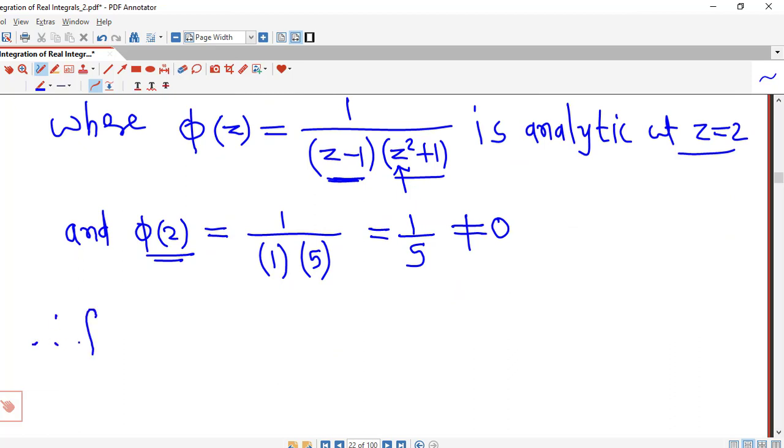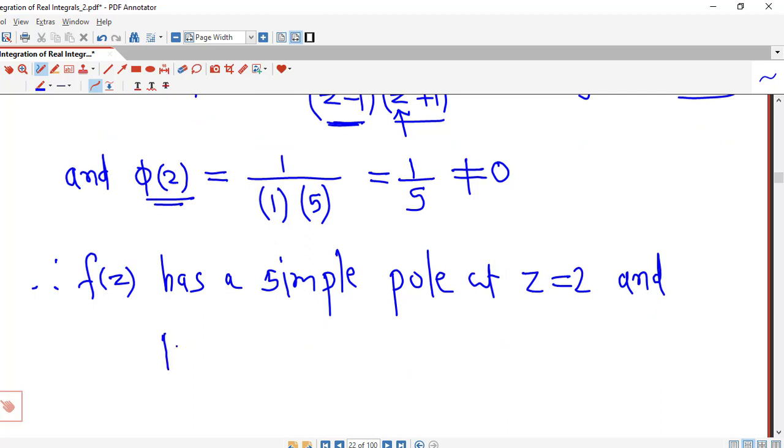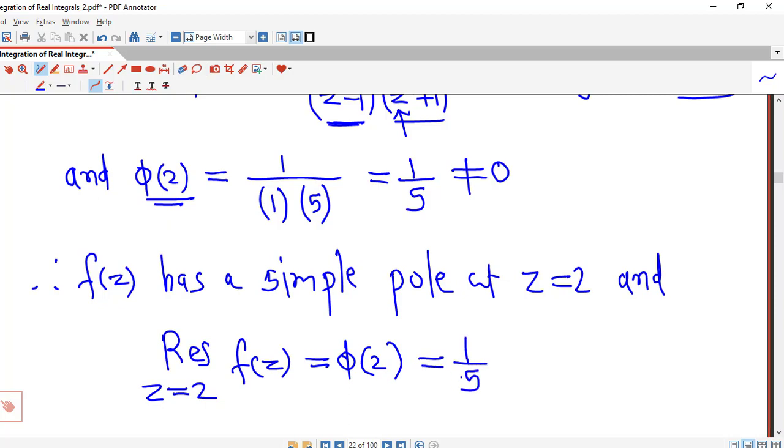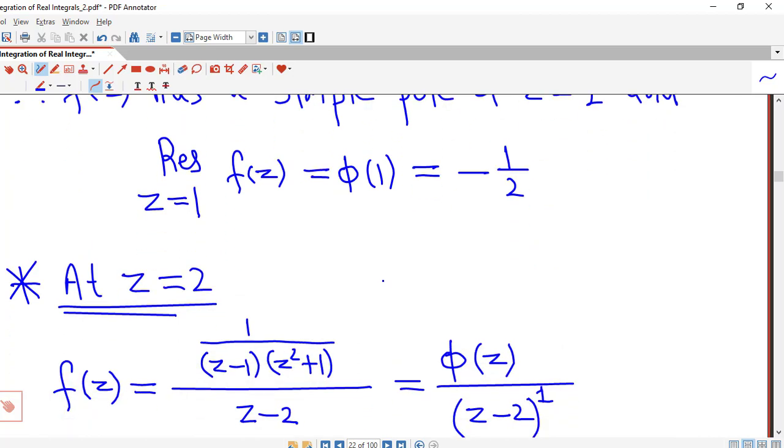Therefore f of z has a pole of order 1 or a simple pole at z equal to 2, and residue of f of z at z equal to 2 is nothing but value of function phi at z equal to 2, which is 1 by 5. So we have obtained residue of f of z at poles on the real axis.